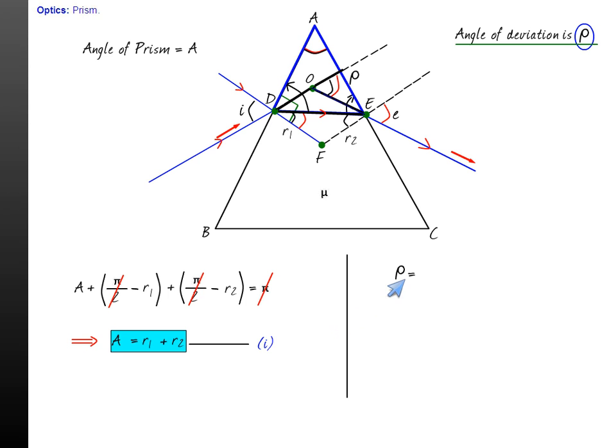And therefore rho is equal to the sum of these two angles, that is angle ODE plus angle OED.